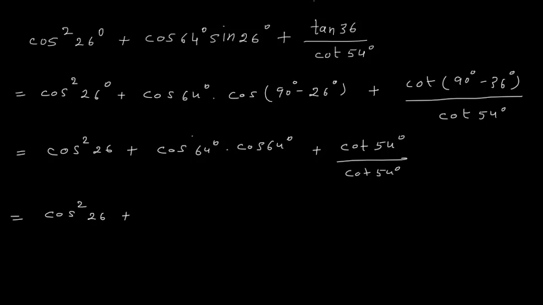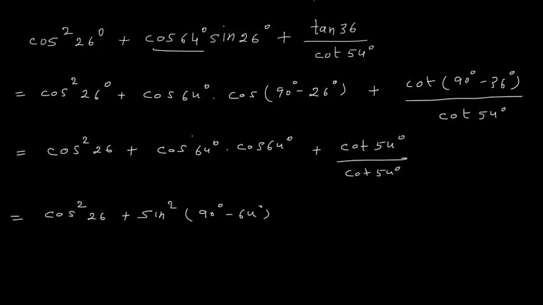So cos square 26 plus cos square 64, we don't have any such identity. What identity do we have? We have cos square theta plus sin square theta. So this cos 64 into cos 64, I convert this cos in sin, so it will be sin square of 90 degree minus 64 degree. If at an earlier stage, instead of converting sin in cos, I would have converted cos in sin, then it would be better for me.